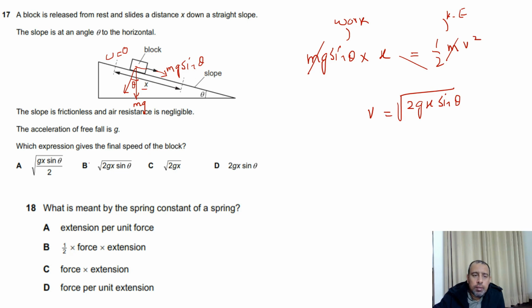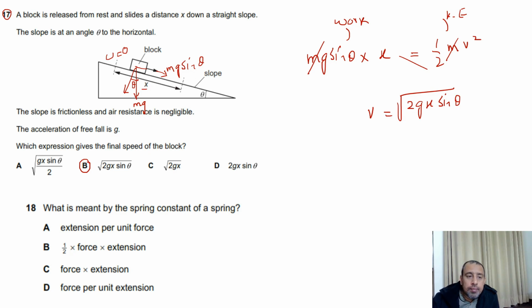That's why option B is correct. The basis of this question is the law of conservation of energy: the work done by the force mg sine theta causes the kinetic energy in the body, because the initial kinetic energy was zero.